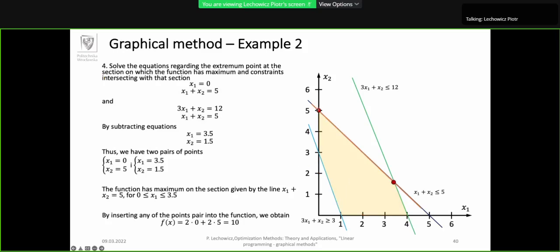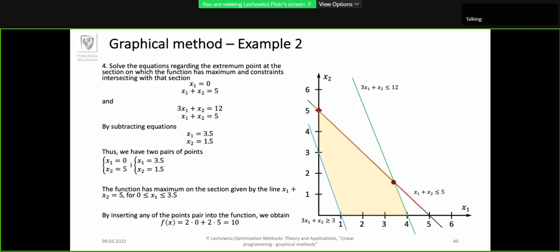And in this example, it happens that the line is parallel to the constraint. So in such a case, we will have multiple points which are optimal, which have the same value.